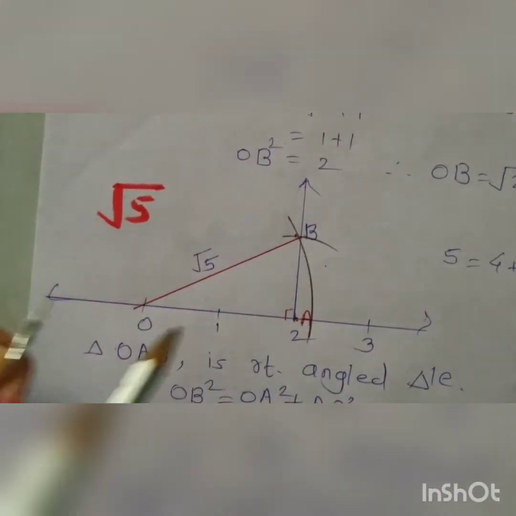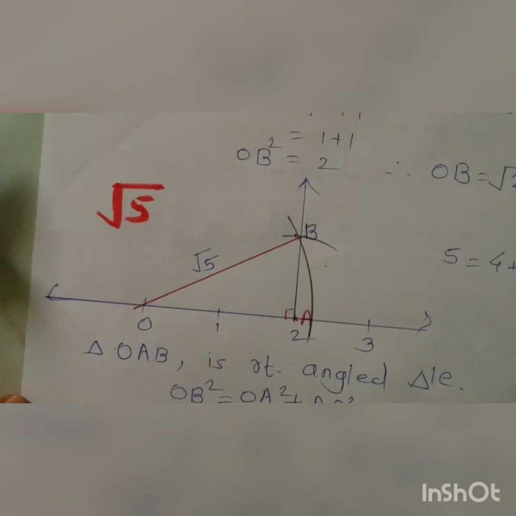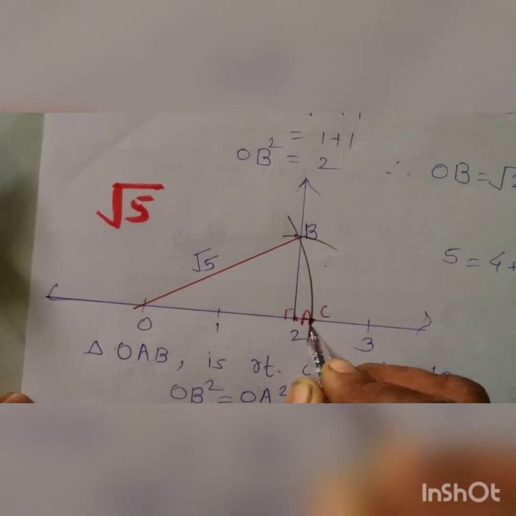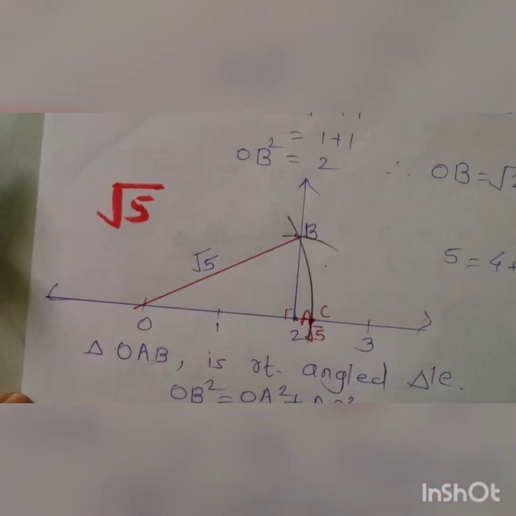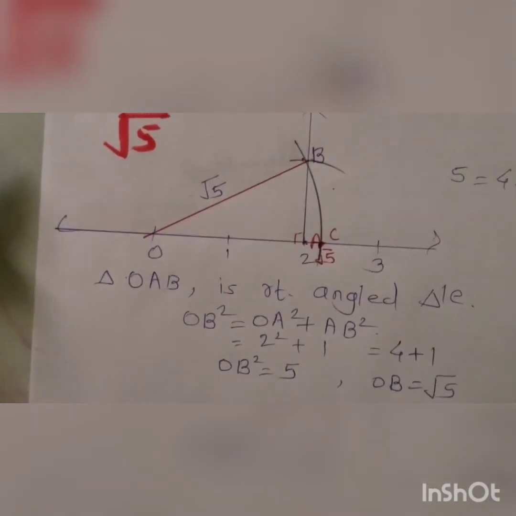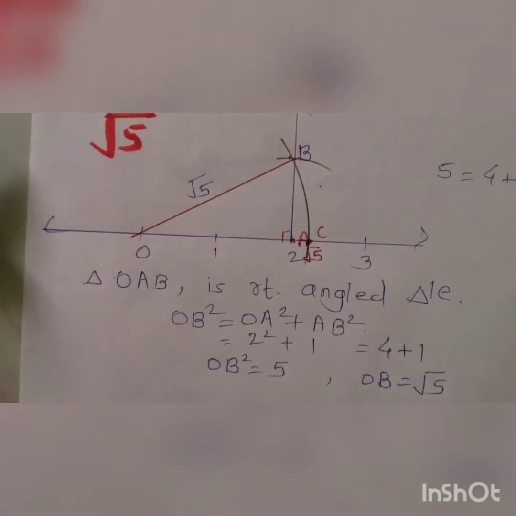This arc is intersecting the number line here, and suppose that point is C, and that is the distance of root 5. This point A is 2 and this point C is root 5. In this way we show root 5 on number line.